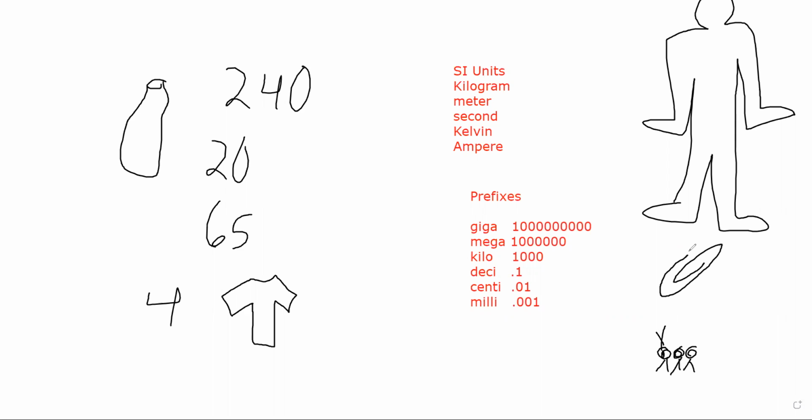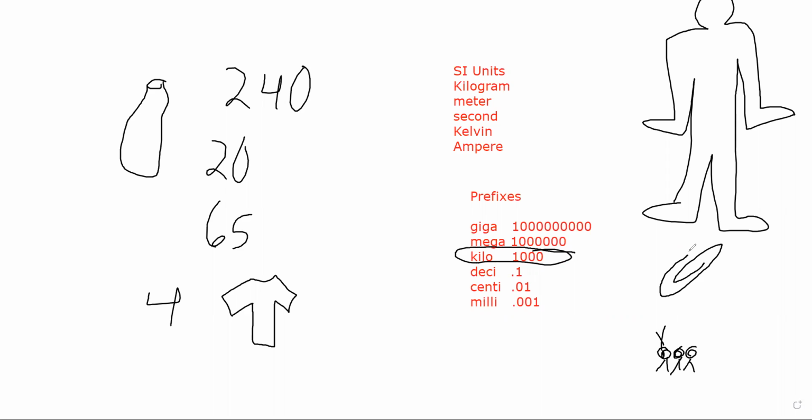So instead, we just came up with prefixes. And so for humans, it makes sense to measure things basically in measurements of about 1,000 paper clips, kilograms. That's why when you go to the doctor's office, they measure your weight in kilograms.